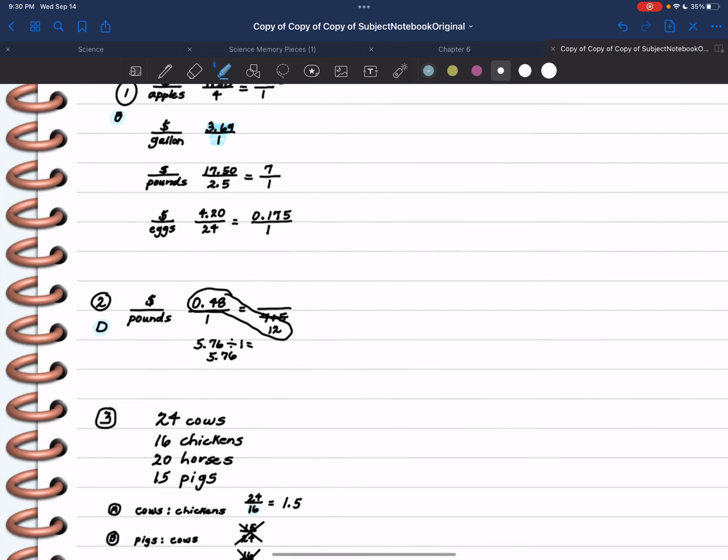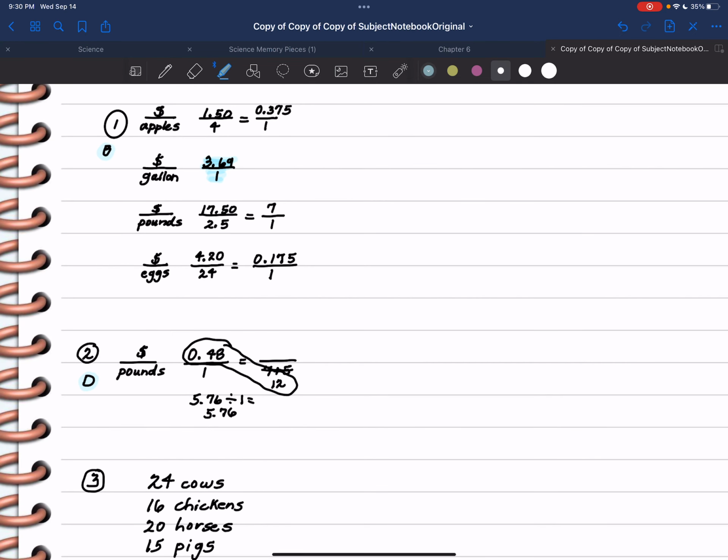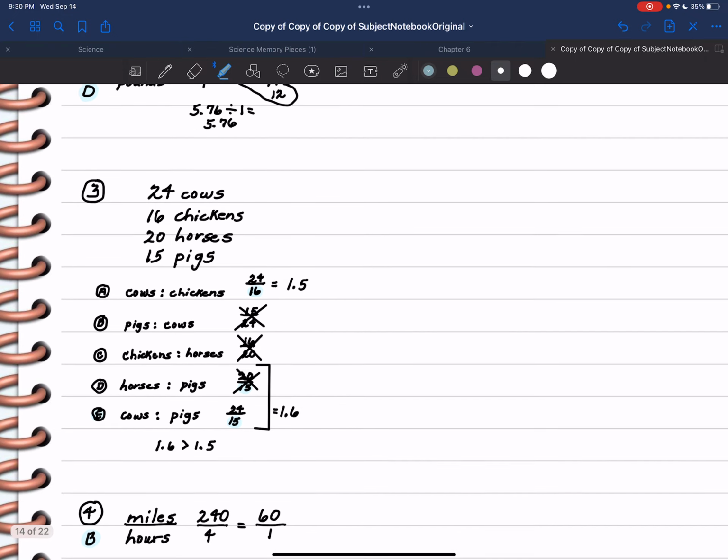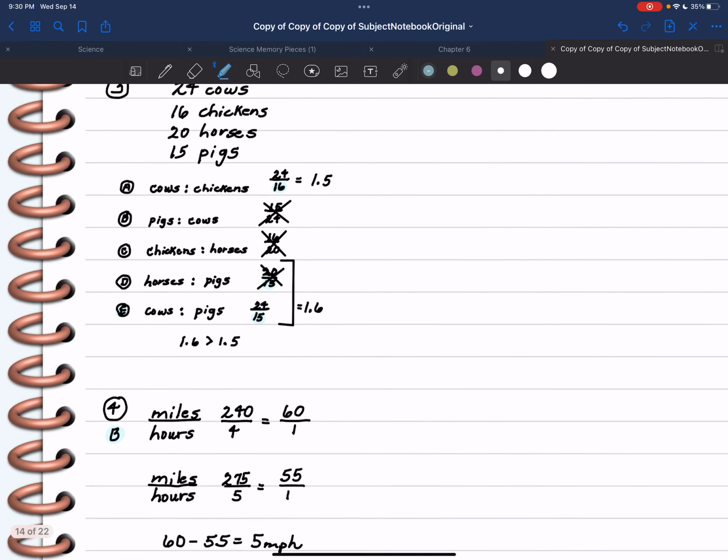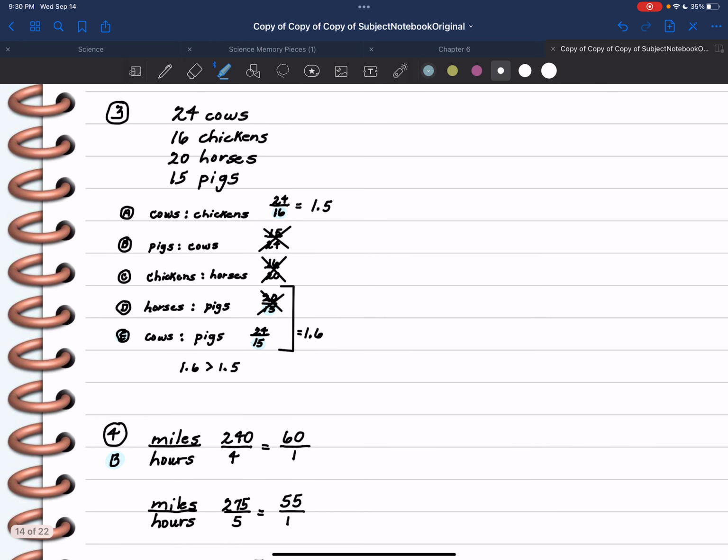Number 1 is B. Number 2 is D. Number 3 is E. And number 4 is B. So we have all of those correct. And it's a little hard to tell that I've marked E on that one. So let me color that a little better. And I'm going to stop this video and come back with page 20.